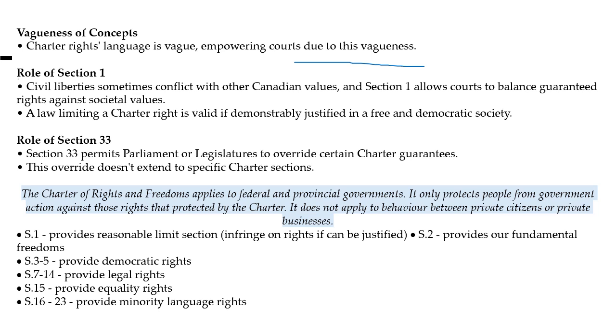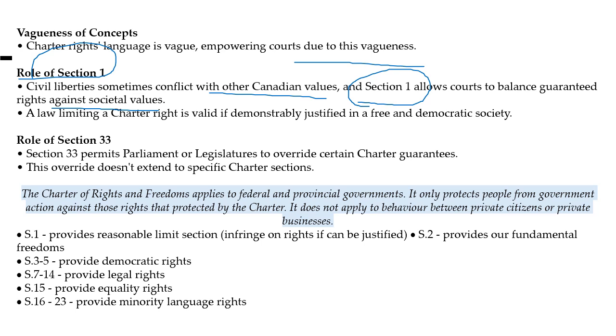Then where does section 1 stand? Sometimes the civil liberties that we are talking about, the civil rights, the private rights of individuals, fundamental rights, conflict with other Canadian values. Then section 1 allows the court to strike a balance so that people's rights should not go against societal values.